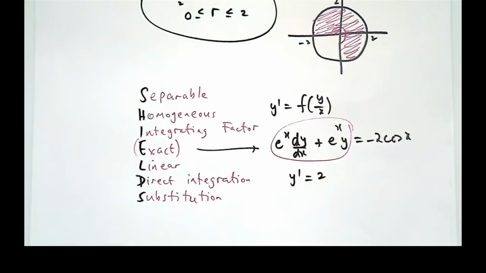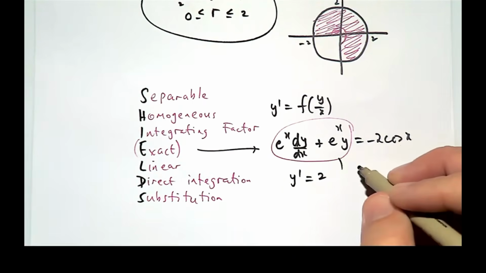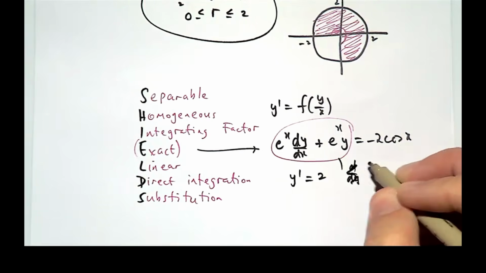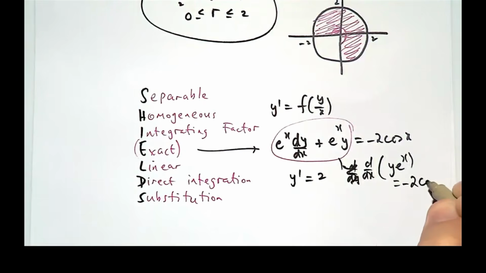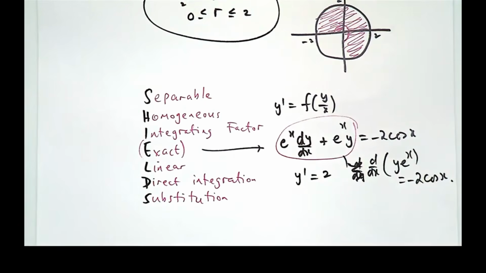Is that exactly the derivative of some product? Yes, it is. What's the product of functions? Y times e to the x. So this thing on the left is exactly the derivative of y times e to the x.